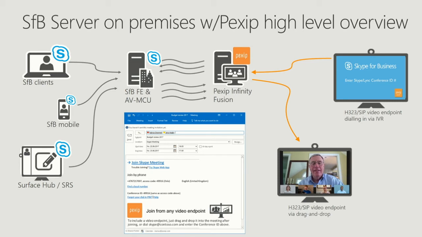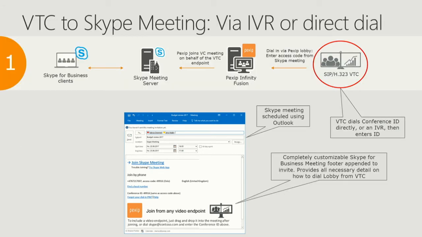So I'm going to cover these flows in a little bit more detail, starting with a dial-in from the VTC, highlighted on the side here. The VTC would simply either dial an IVR and enter the conference ID from the invite, or it could also dial the conference ID directly, depending on your call control and your rules set up there.